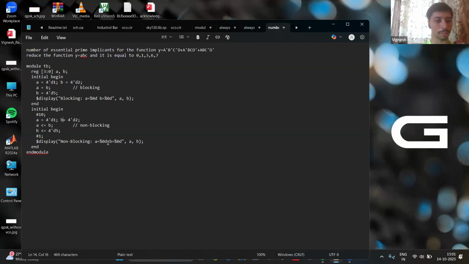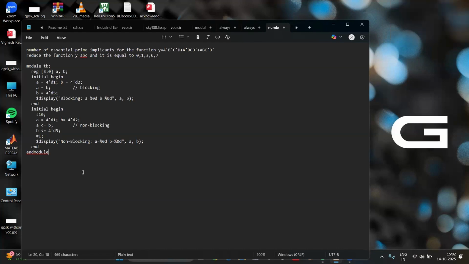So here also A will be equal to 2 and B equal to 5, because the value of B is sampled before B itself is updated. So A will be 2 and B 5 for the non-blocking part also.